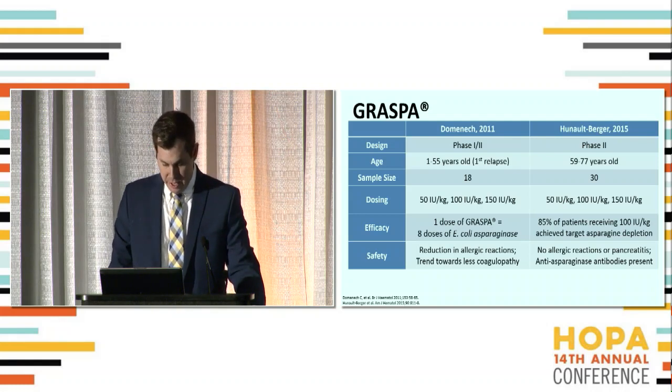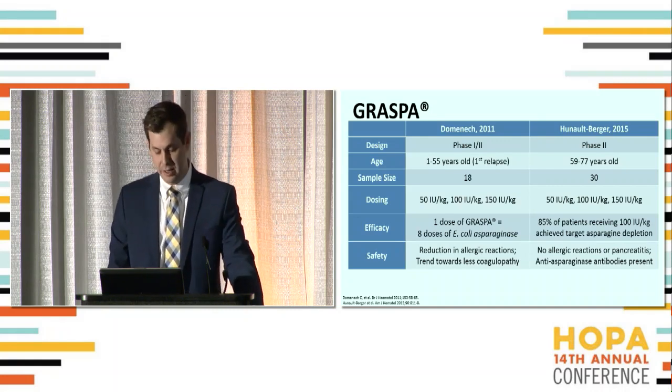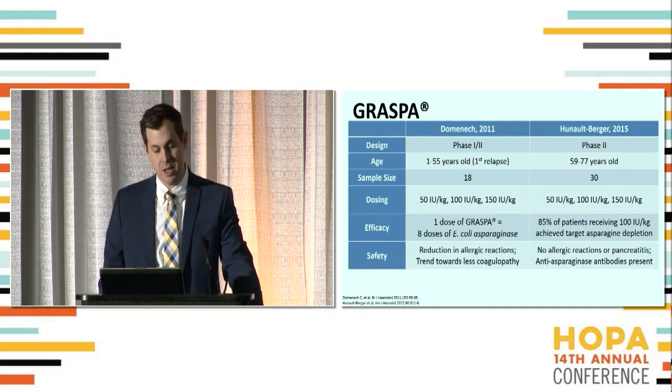They looked at 30 patients, and again they did the same dosing schema of 50, 100, and 150 international units per kilo. And what they found was that those patients who were on the 100 unit per kilo dosing schema had an 85% target asparagine depletion.